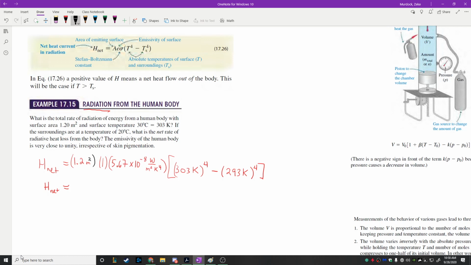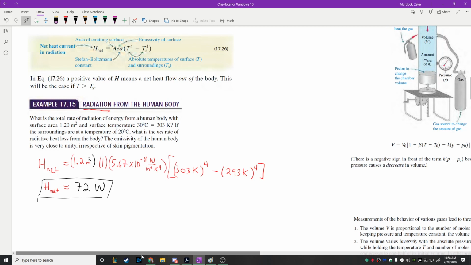So I get 72 watts. Okay, pretty easy, right? Yeah. All right, so you'll have some problems related to this kind of stuff on your next homework, but it shouldn't trip you up too much.